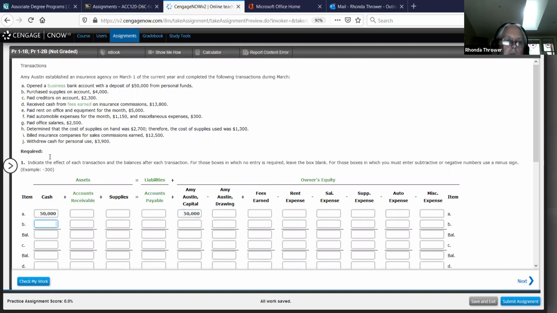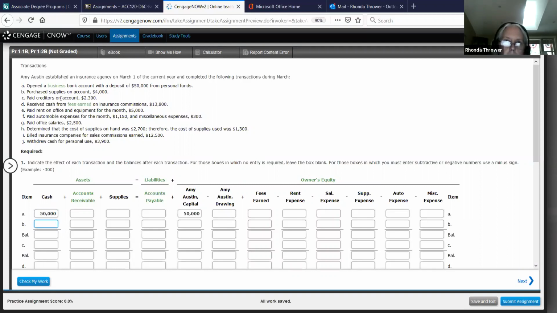In the second transaction, we are buying supplies on account. Anytime we buy an asset, we are going to record it for the cost of that asset. So if we had bought something like buildings or land, the buildings or land might have a higher value than what we actually paid for them.